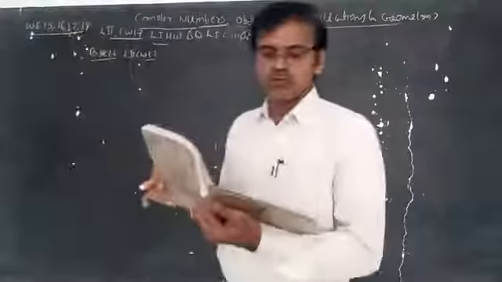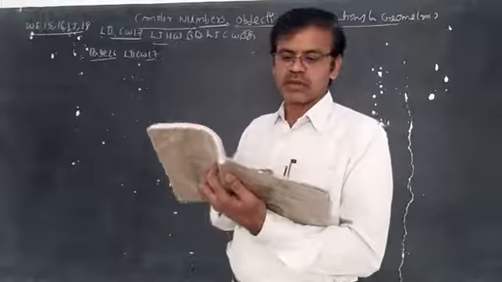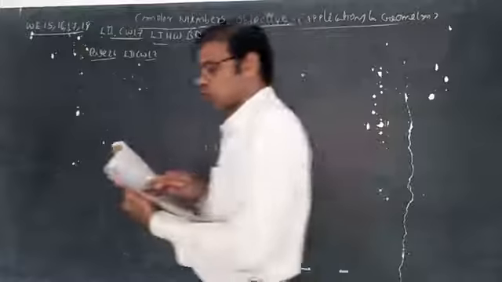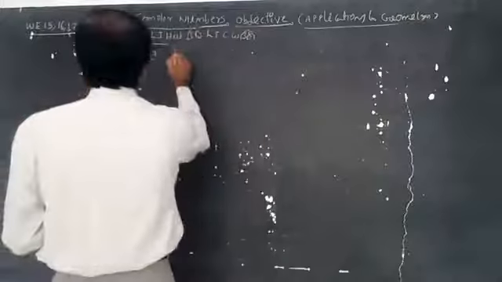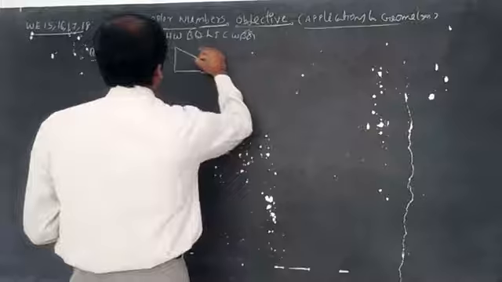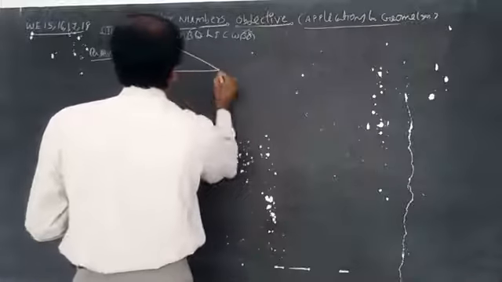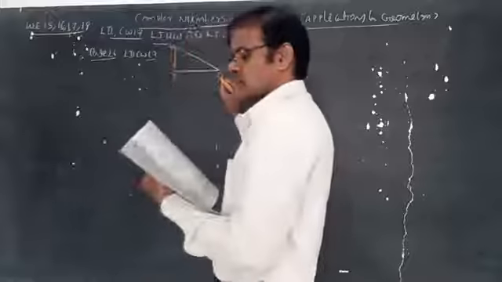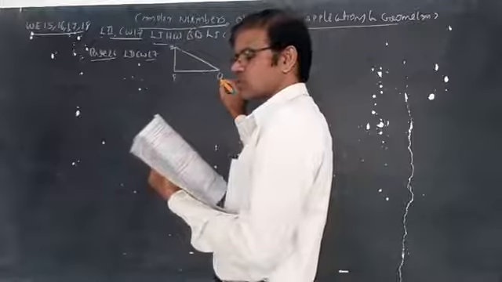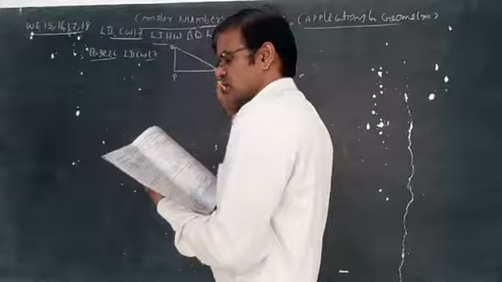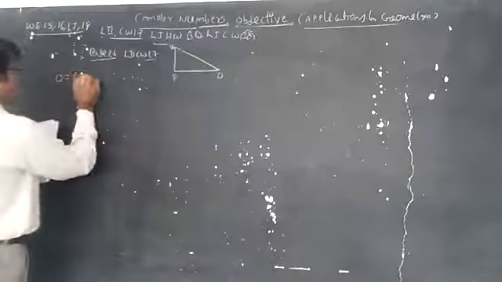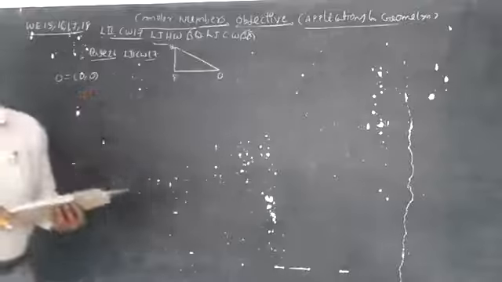In an Argand plane, O, P, Q represent the origin, Z and Z plus iZ respectively, then angle OPQ you need to calculate. Put here P, put here O, put here Q. O itself is the origin 0, 0.